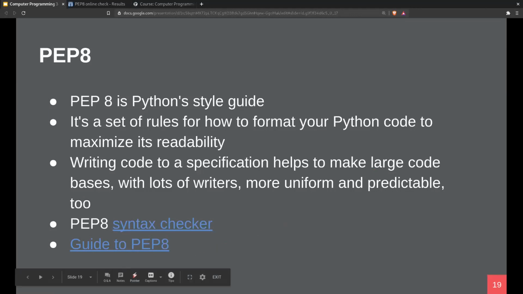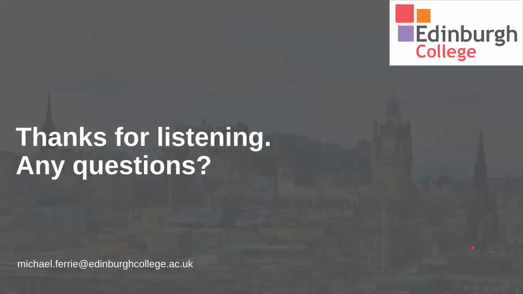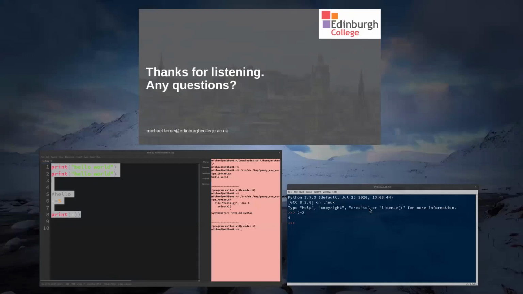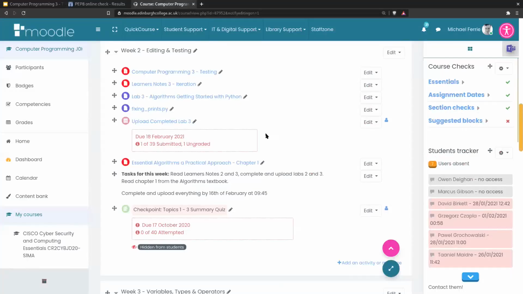Okay, and I've added a link to a guide to it there. So that is the end of topic 3. And I'm just going to jump over to the middle page and show what's in lab 3. So here's topic 3 here.